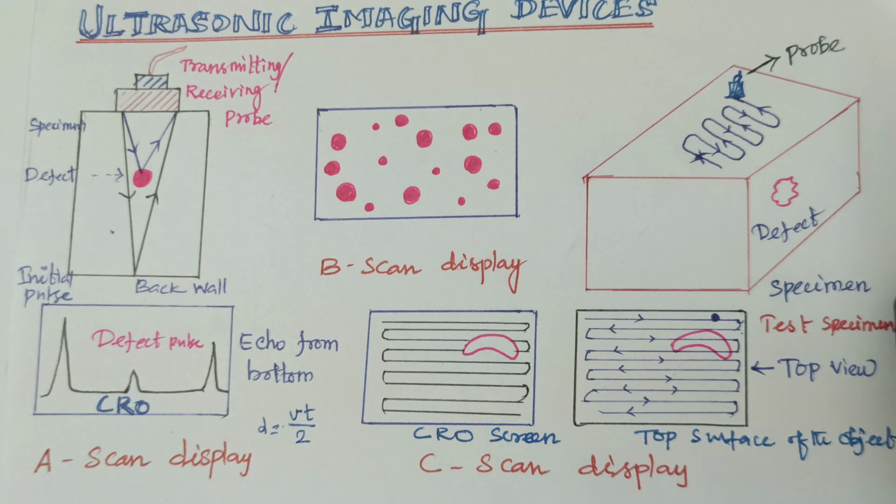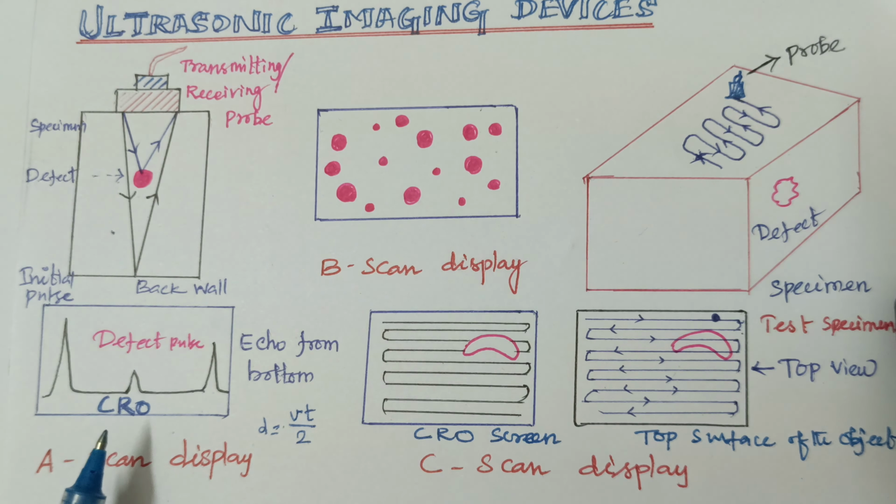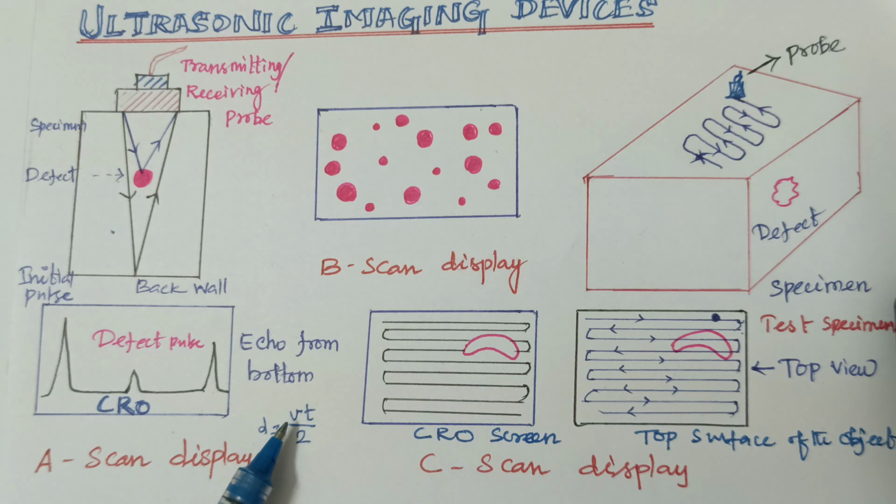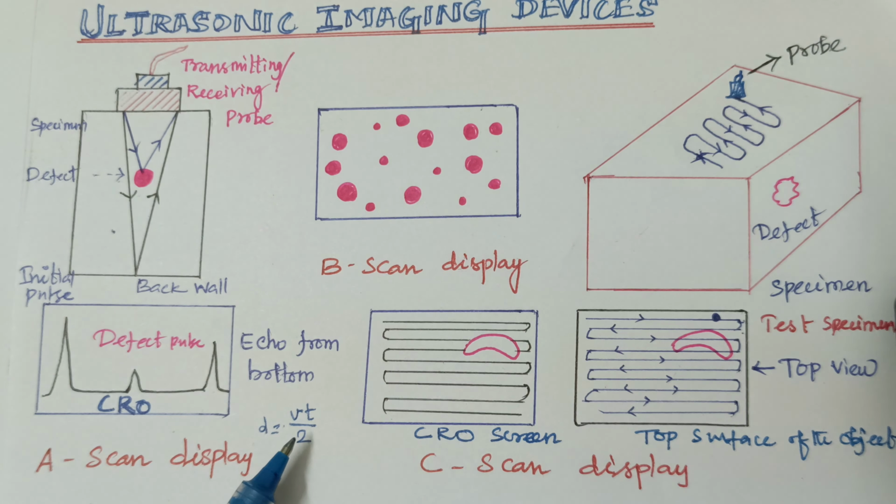By this formula you can find the depth of the flaw. The advantage of this method is that the size and location of the defect can be determined. You can find the velocity of the ultrasonic waves if you know the thickness of the specimen.